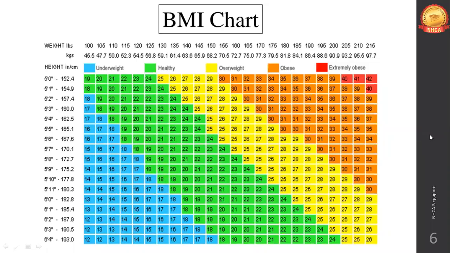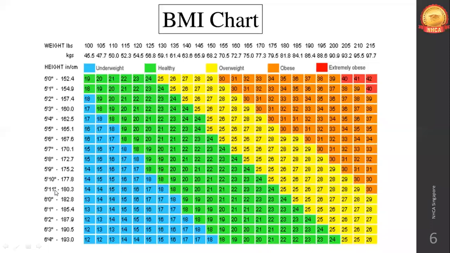So you can take a screenshot of this chart as well. Here in inches as well as in centimeters, they have given the height, and I'll give you a height. You have to find the ideal healthy body weight for that height. And here gender doesn't apply.